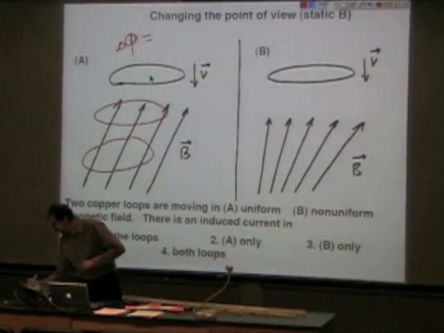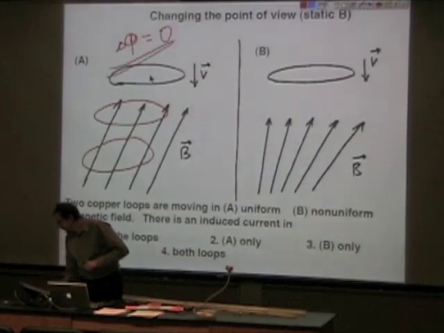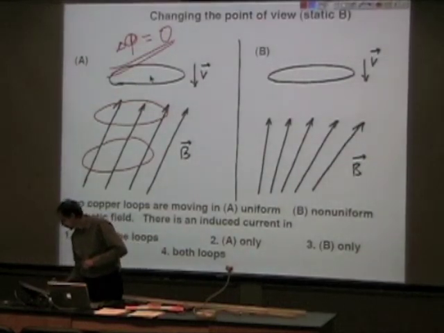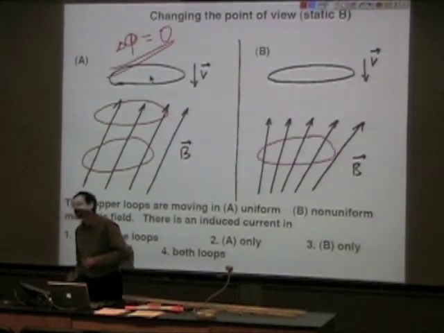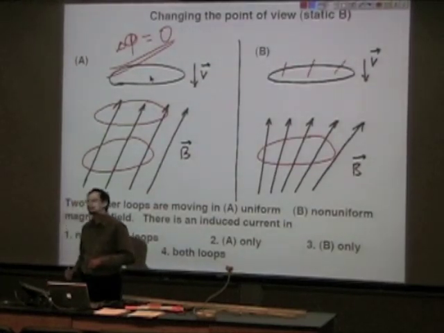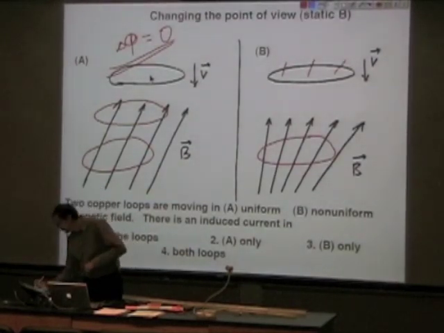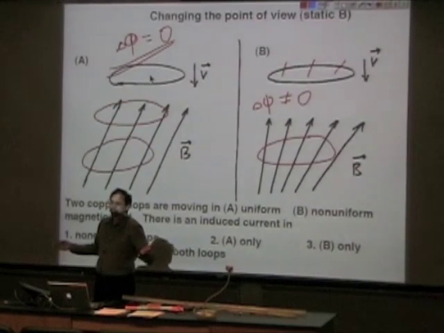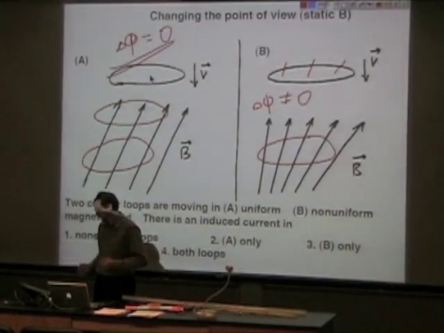No change is happening. No induced current. In this situation, when the loop is moved, we had a few lines, now we have more lines in the loop, which means now the change of the flux is happening, not zero anymore. Change is happening, we have to observe induced current.